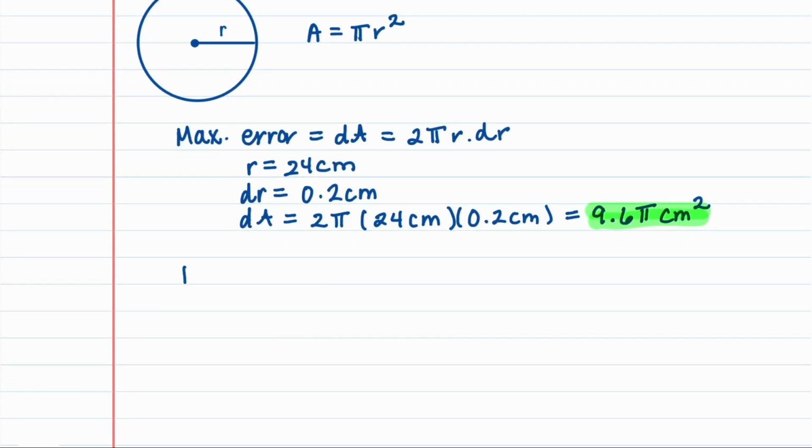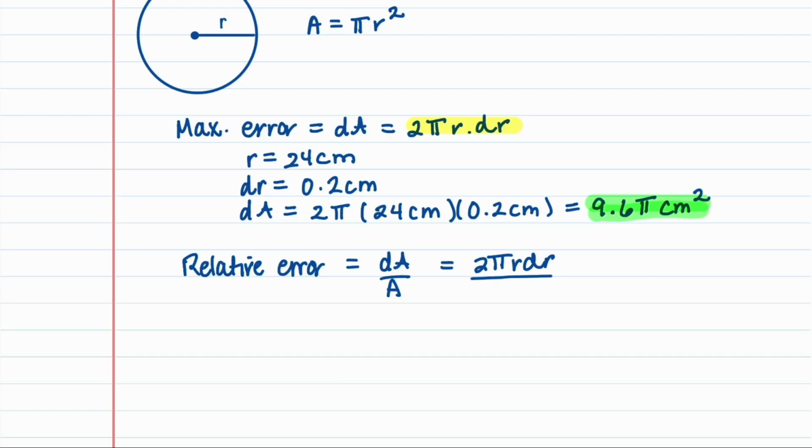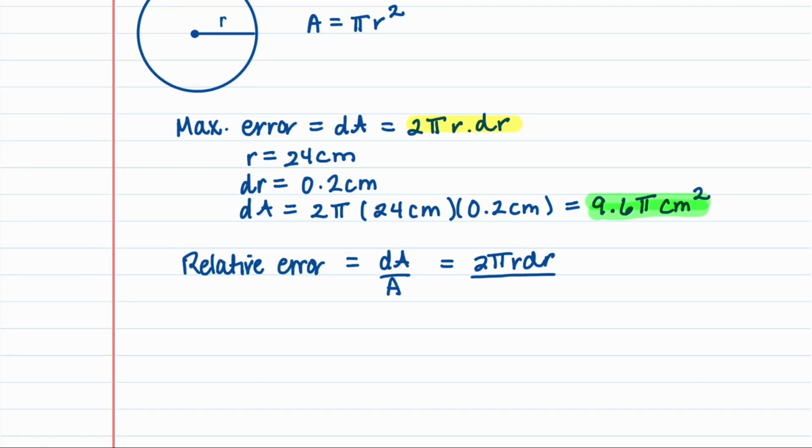Now let's find the relative error. That is dA divided by A. dA was 2 pi r dr. I'm just looking right up here for that. And then we divide it by A, which is pi r squared. So one of the r's cancels, the pi's cancel.